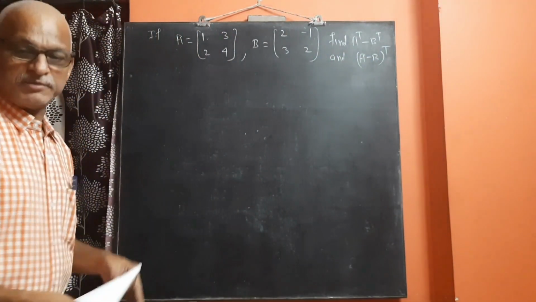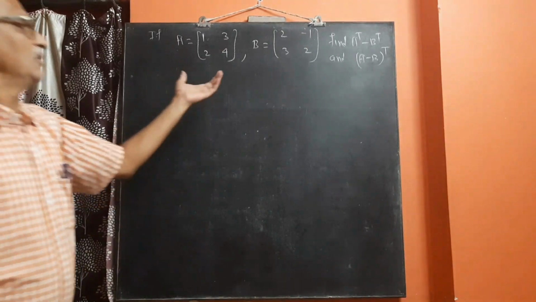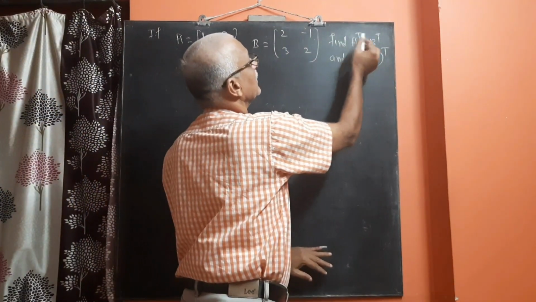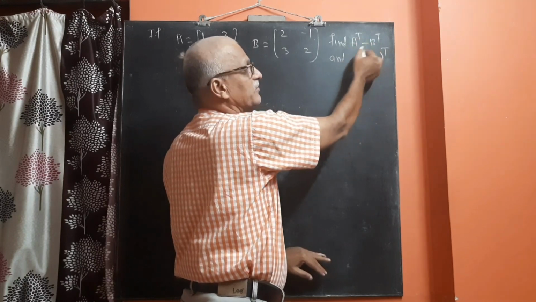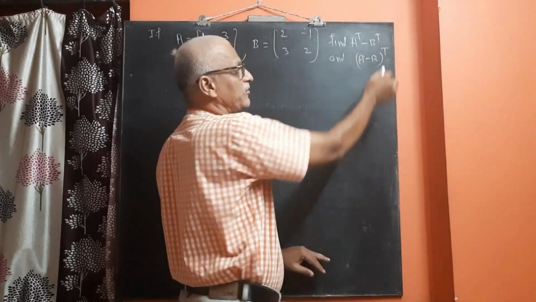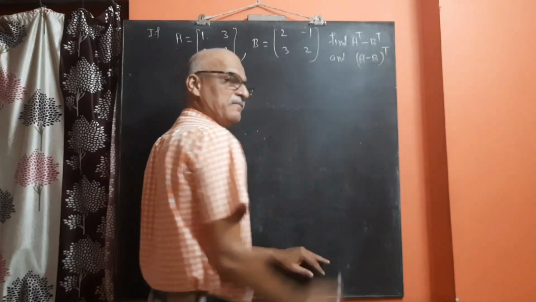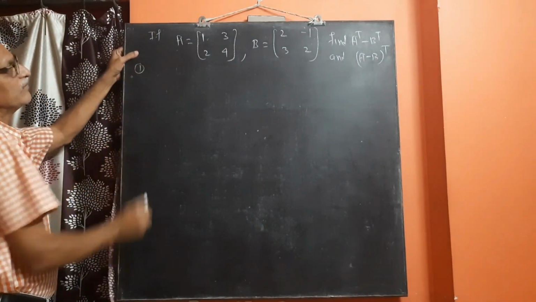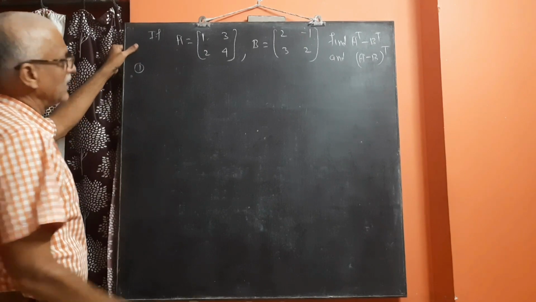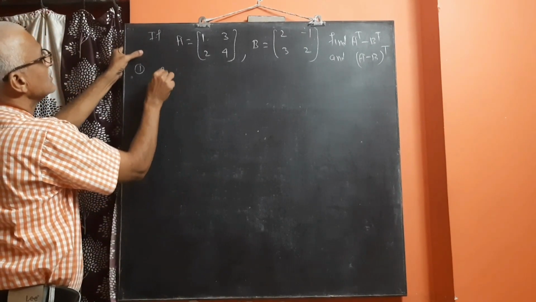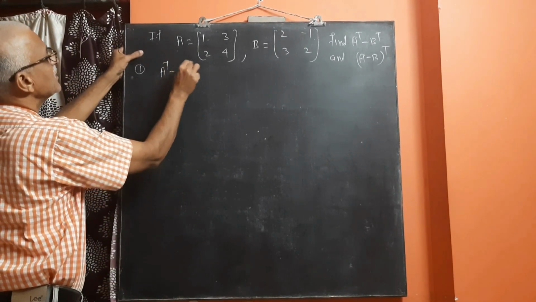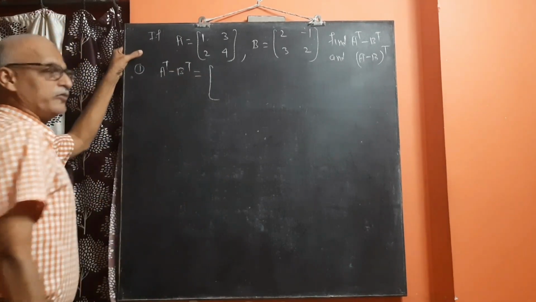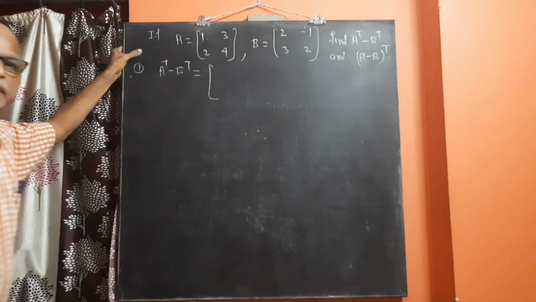In the last problem, in the previous problem we have done the addition of transpose of A plus transpose of B. Here we have to find out transpose of A minus transpose of B, and then we have to find out transpose of A minus B. So the first one, A transpose minus B transpose equals to, what will be the transpose of A?